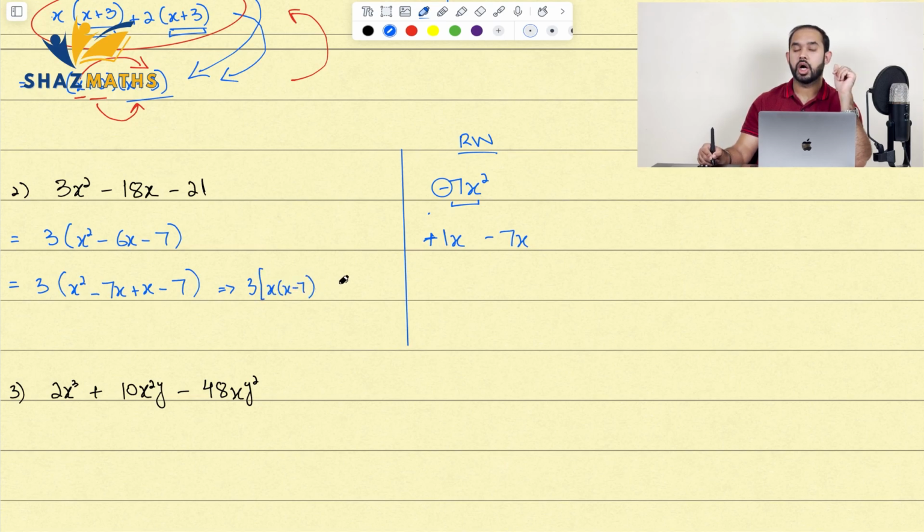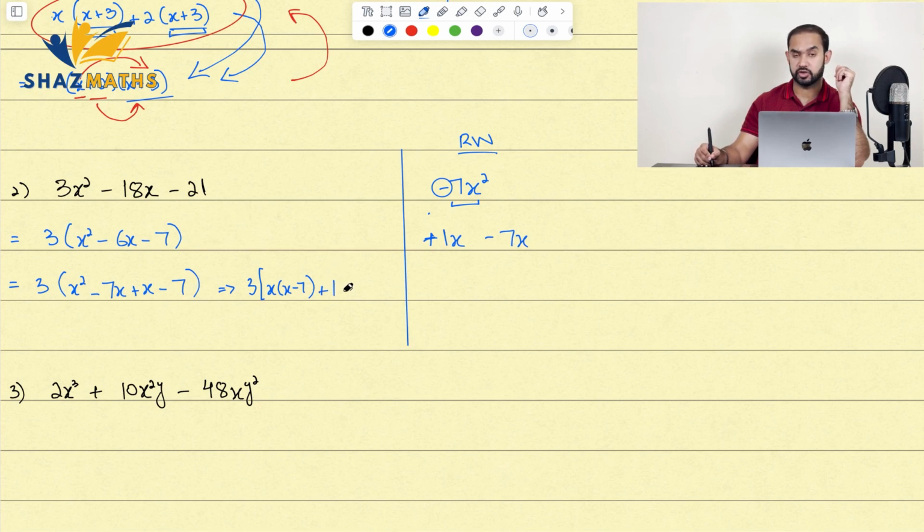Now remember, our goal was that the terms inside this bracket should be same, just so that we can write them down as ones and the rest of the two terms as ones in another bracket. So x times x minus 7, and there is nothing in common in x and minus 7, right? So I'm just going to say plus 1.